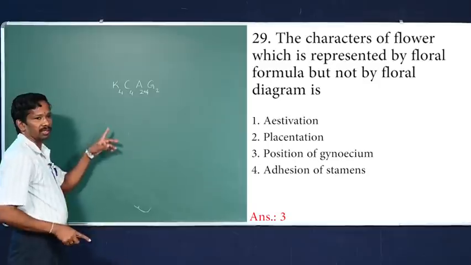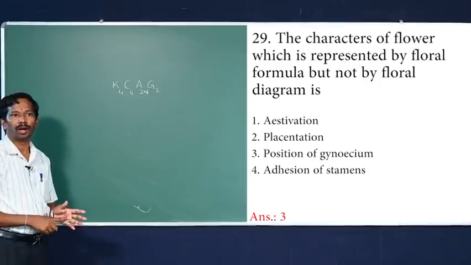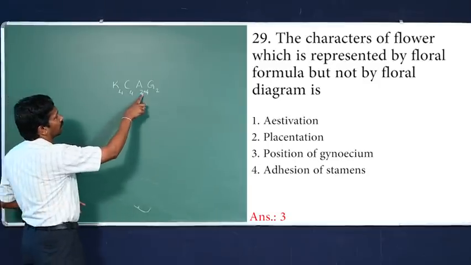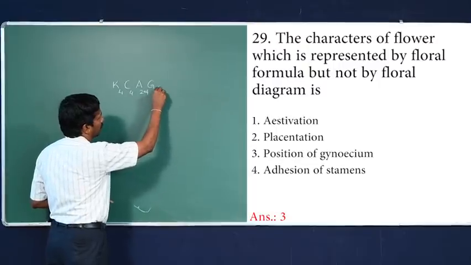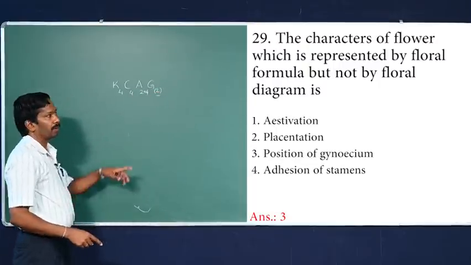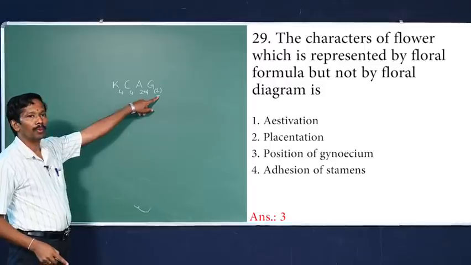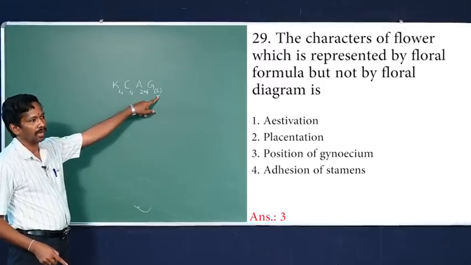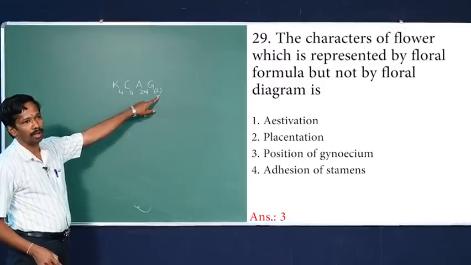This is the characteristic feature of mustard, tetradynamous stamen with bicarpellary gynoecium, superior ovary. But the position of ovary cannot be shown in the floral diagram, but can be shown in the floral formula.